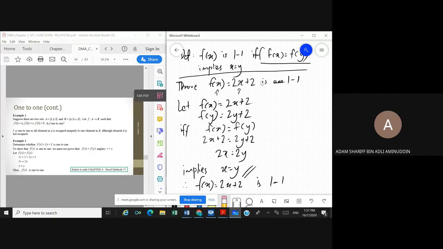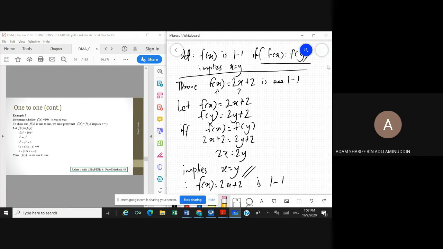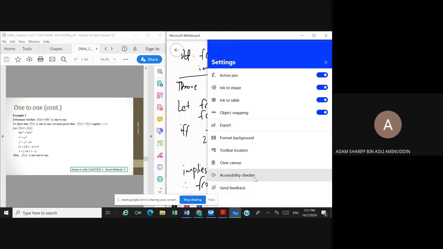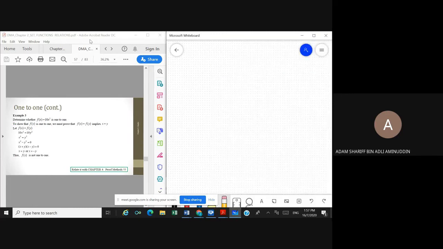I want to share some example which is not 1 to 1, like this. We know already, for example, if I let fx equals to x squared, this is definitely not 1 to 1. Why? Because if I put f1, it will be 1 squared equals to 1.